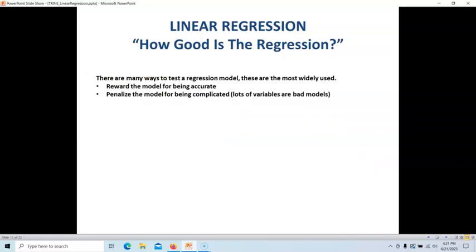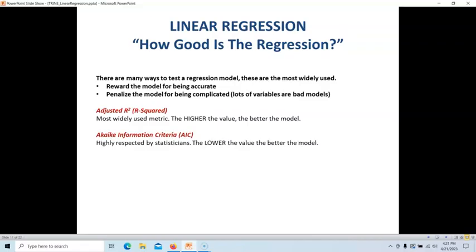So there are actually many different metrics that people will use. You will see, of course, the adjusted R squared. This is the most widely used metric to decide how good your model is. It doesn't necessarily mean it's the best, but it is a widely used variable. Another one that is used pretty extensively is called the Akaike information criteria, also called the AIC.